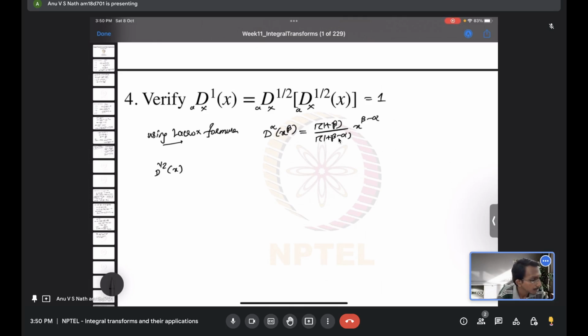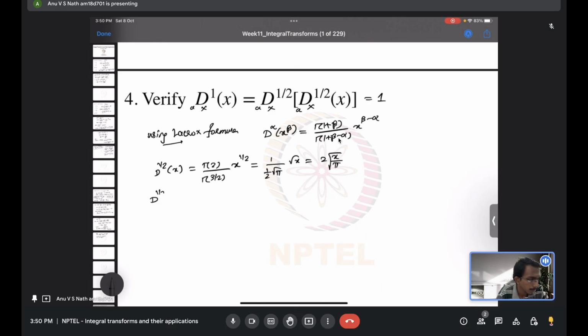So d half of x is gamma of 2 divided by gamma of 3 by 2, times x raised to 1 by 2, which is 1 divided by 1 by 2 times gamma of half, which is root pi. So it's 2 root of x by pi.